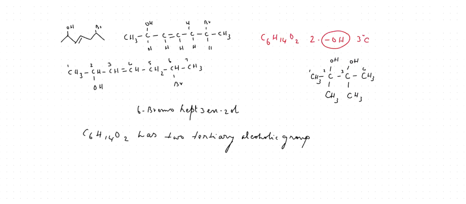Therefore, the name of the compound is 2,3-dimethyl, but 2,3-diol, two alcoholic groups. So the name of the compound is 2,3-dimethylbutane-2,3-diol. So that is the name of this compound.